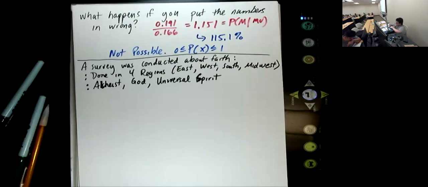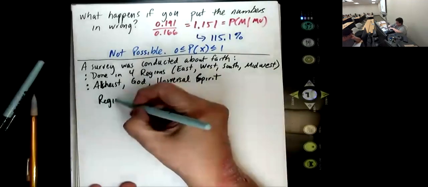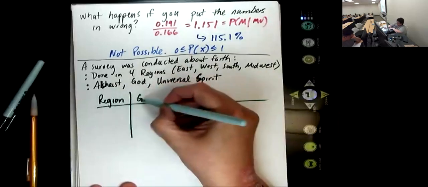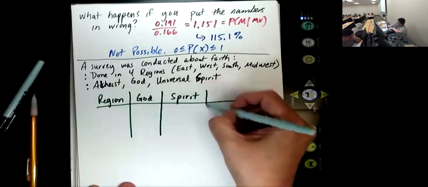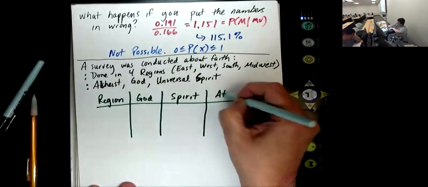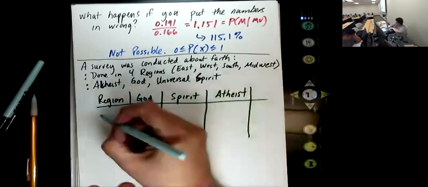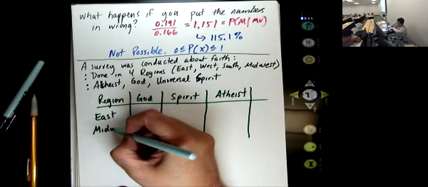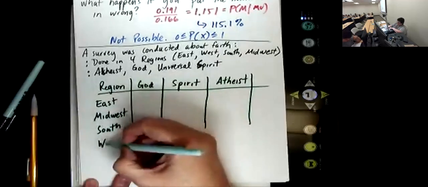So here's the results based on region. It's going to be a table. How many rows I need: I got East, I got Midwest, I got South, and I got West. So it looks like I need longer columns.